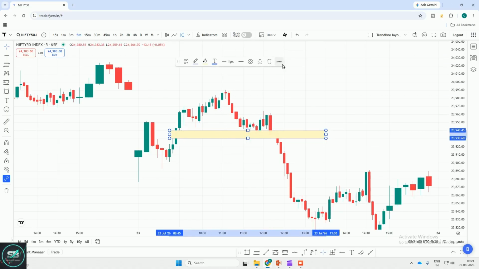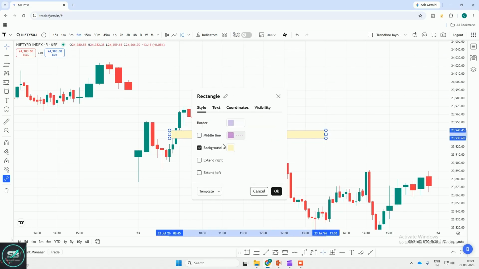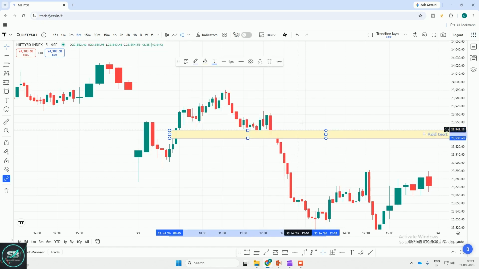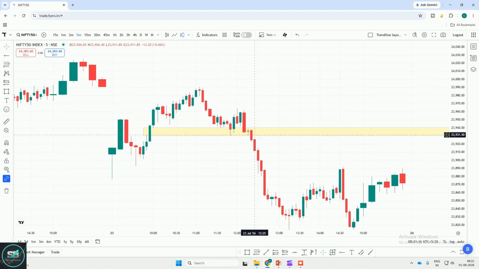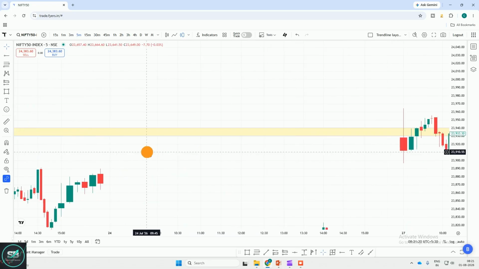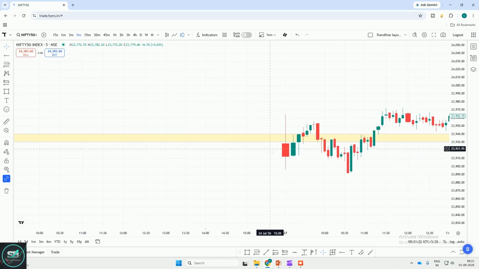Let me extend this further right. Okay, this is the bullish FVG. Price came, took support, gave a bounce, and slowly this candle broke down this. So when it broke down, this should become a resistance. Let's see whether it becomes a resistance.